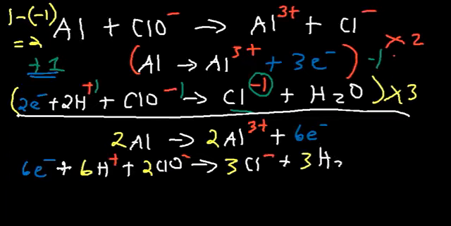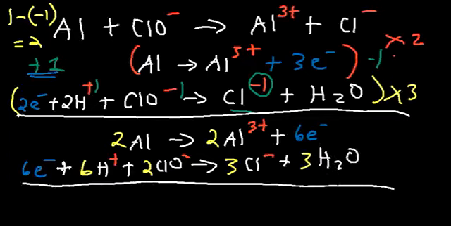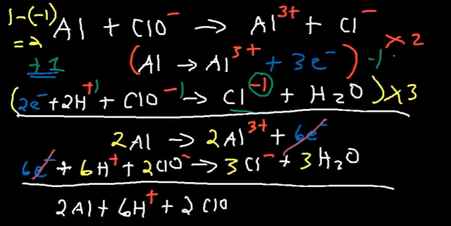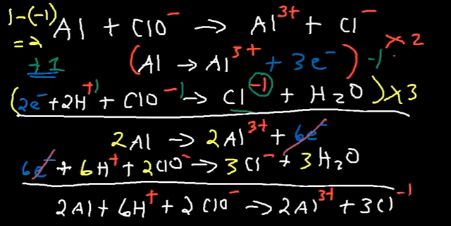Now we can add these two half reactions, and the electrons will cancel. So we get 2Al plus 6H+ and 2 hypochlorite ions, and that turns into 2Al3+, 3 chloride ions, and 3 H2O molecules.